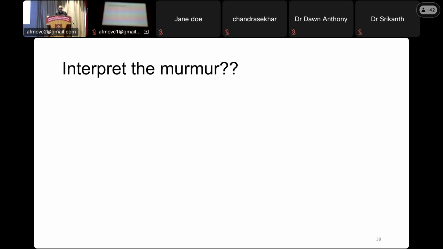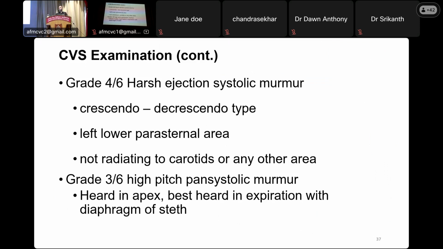So any senior resident, just interpret the murmur. Rajesh, interpret the murmur. So the first murmur, the harsh ejection systolic murmur, is likely the HOCM murmur, sir.